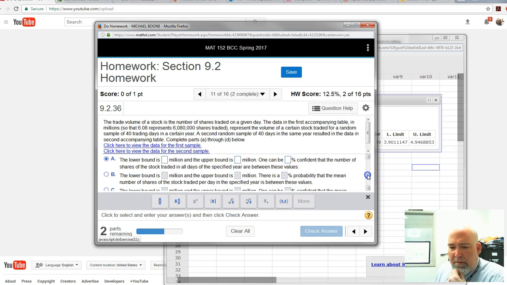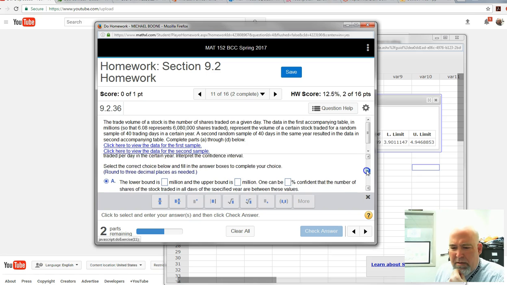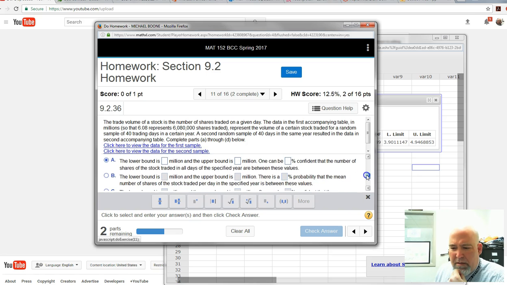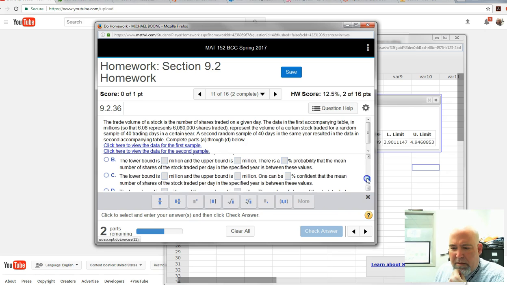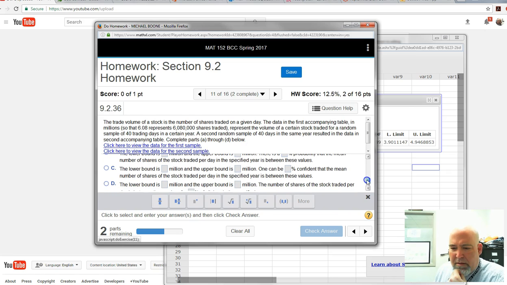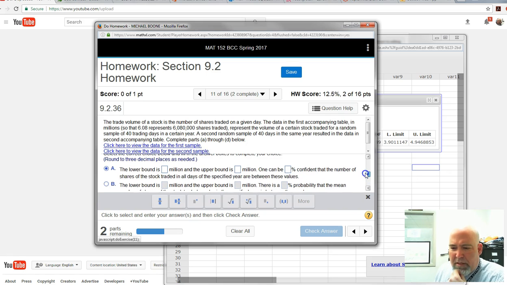I'll have to pick which one it goes into. So looking at which one: this one says for all days, but we're looking at stock traded on a given day, right?